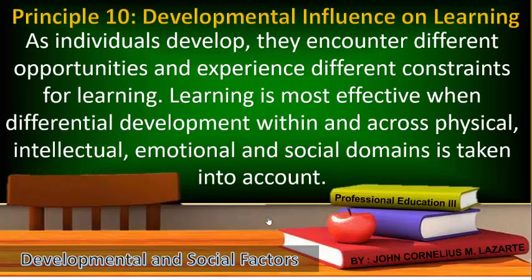It says that as individuals develop, they encounter different opportunities and experience different constraints for learning. Learning is most effective when differential development within and across physical, intellectual, emotional, and social domains is taken into account.